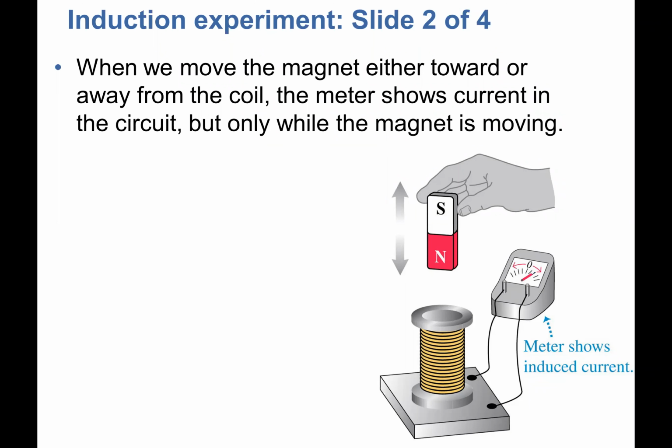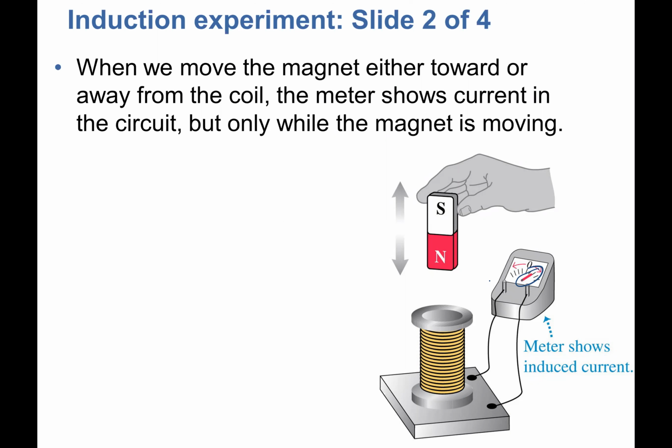You can see the needle no longer shows 0 current, so there is a detection of current. That means if you take the magnet and start moving toward that coil of wire, there is a current in the wire.